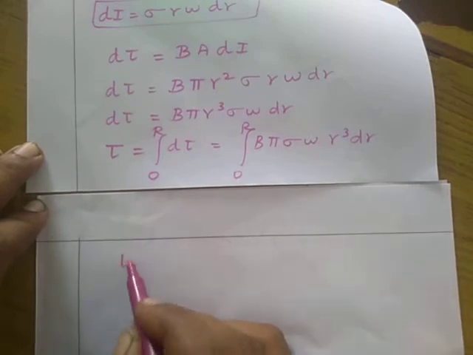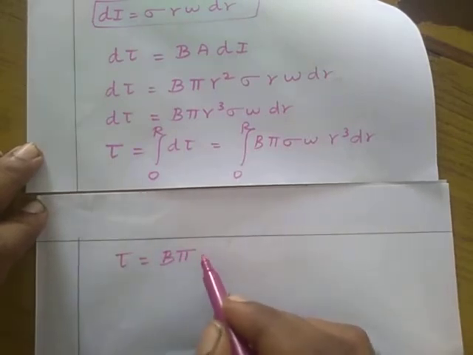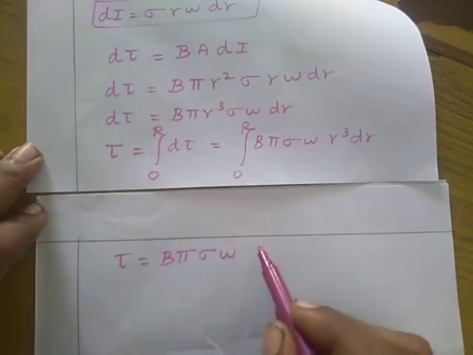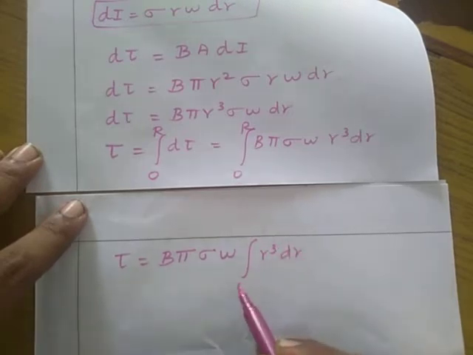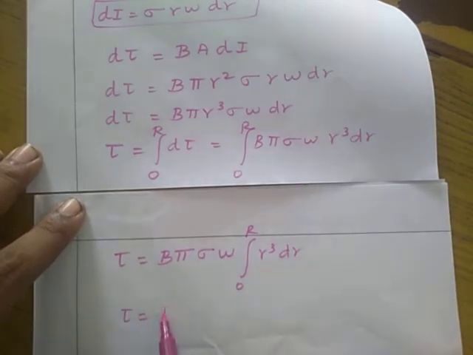Integrating this, the magnetic field, pi, surface charge density and angular velocity are constant, then integrating r cube dr, applying the limit 0 to r, we get tau equals B pi sigma omega r power 4 by 4.